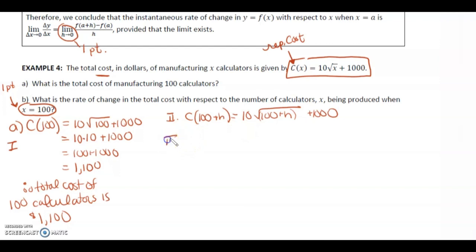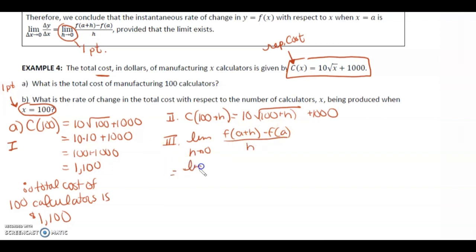So step 3 is going to be the limit as h approaches 0 of f at a plus h minus f at a all over h. So let's go ahead and sub in.